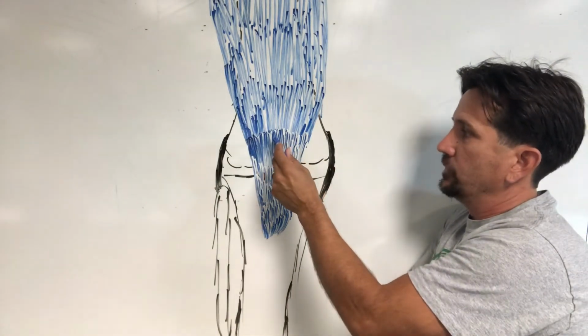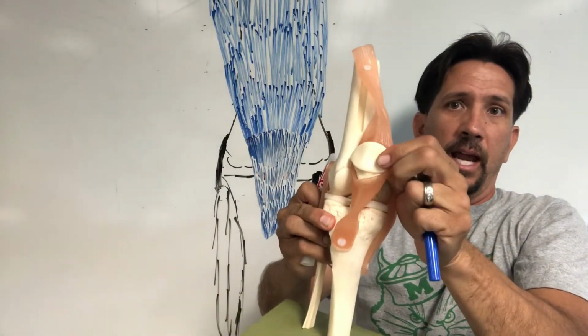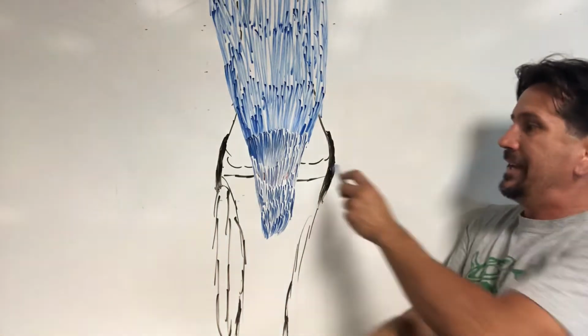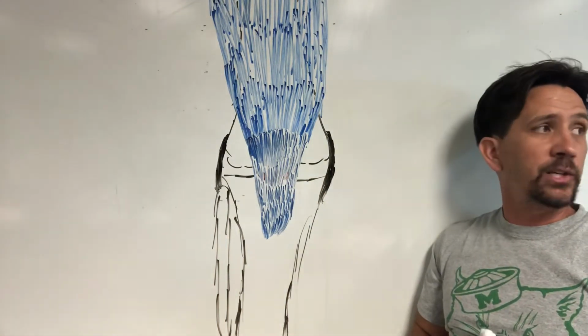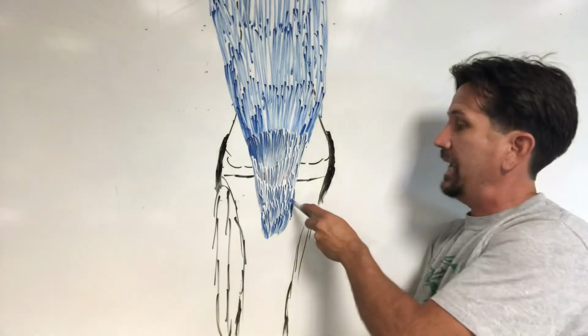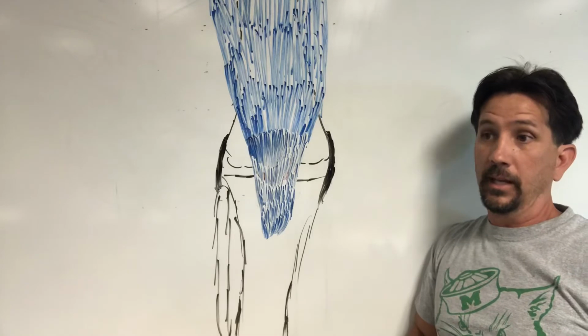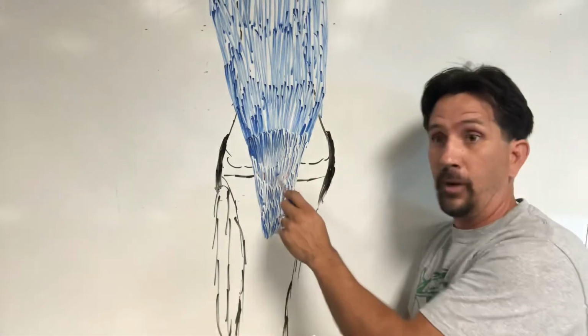As it travels and covers the patella, and then transitions down inferior to the patella, it now connects the patella to the tibia. My question for you is, is this a ligament now or is it a tendon? Ligament. It's a ligament, because now it connects a bone to another bone.